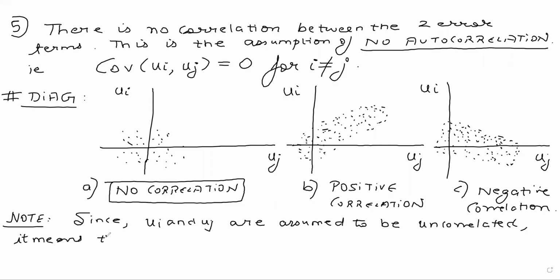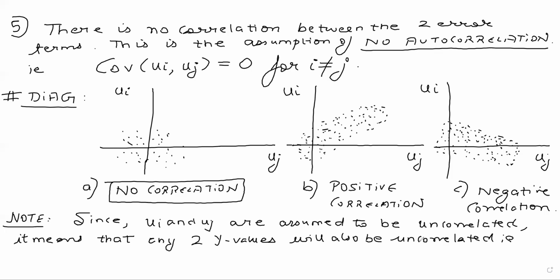It means that any two y values will also be uncorrelated. What does this mean, guys? This means covariance of yi, yj will also be equal to 0.